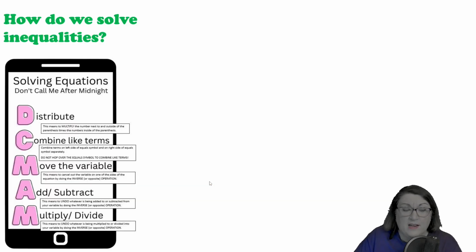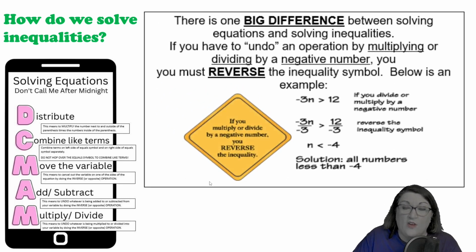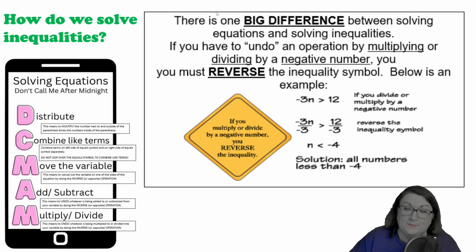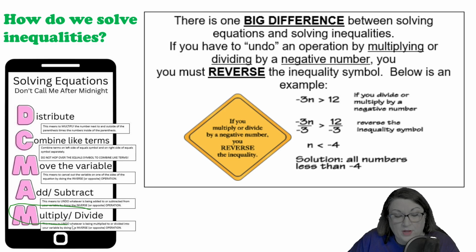Okay, so that being said, I put up the DCMAM on the screen, and we're going to try solving some of these, but you need to be aware of one big difference, and that is the very last step. Let me go back. This last step here, this multiply and divide step, okay?